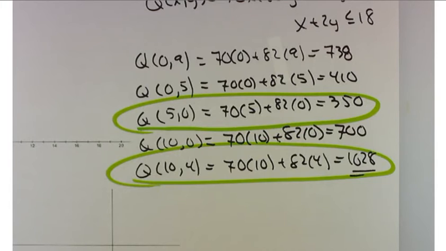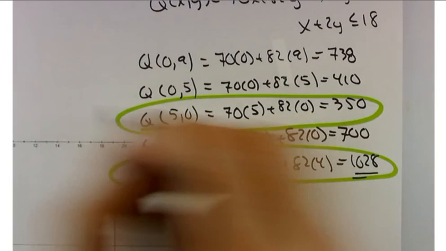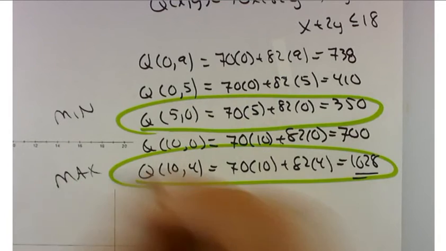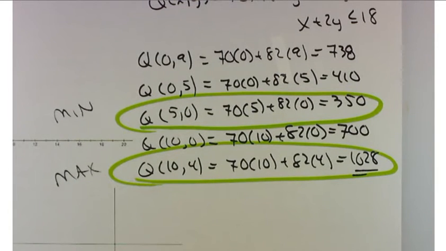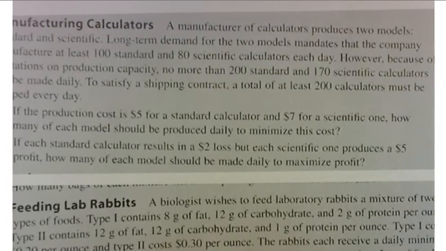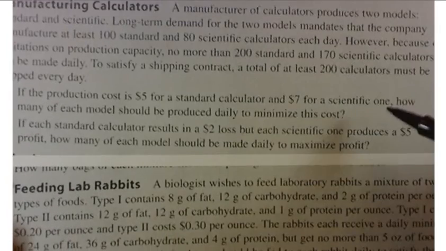Yes, sir? Out of those, how do you know which one's the big? Well, it depends on what the problem is asking. But this one is your minimum, and this one's your maximum. So certain problems ask for you to minimize something. Other problems ask for you to maximize things. It depends on the problem. On the back of your handout, you're trying to do a couple different things here.